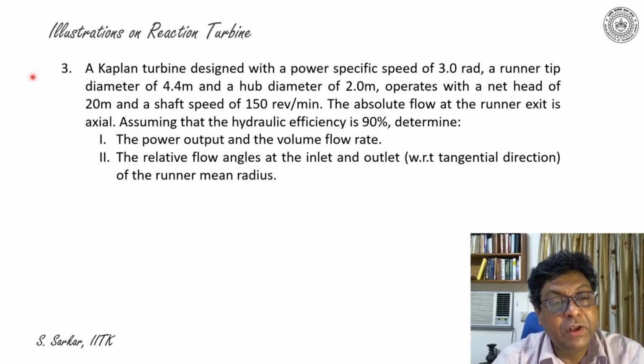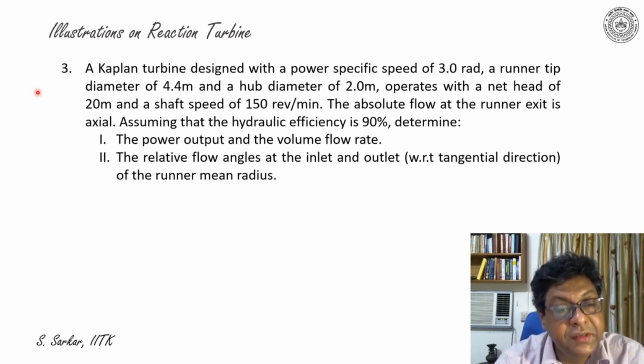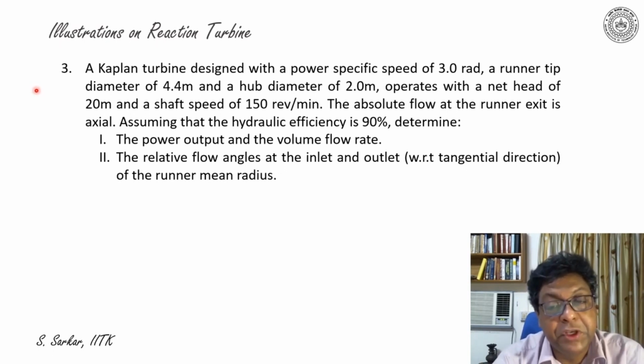The absolute flow at the runner exit is axial. Assume that the hydraulic efficiency is 90%. Determine the power output and the volume flow rate, and the relative flow angle at the inlet and exit with respect to the tangential direction at the runner mean radius.